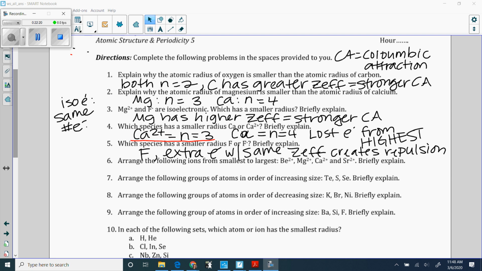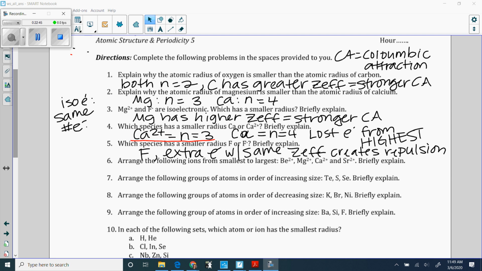If it was just Ca by itself, does it have more Coulombic attraction because it has an electron? You can't use Coulombic attraction and electrons together. Coulombic attraction is only for protons.